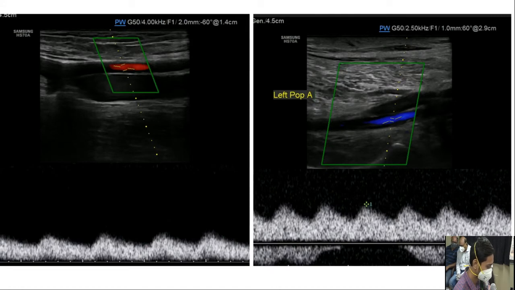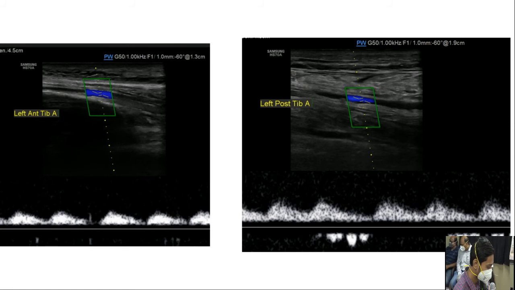Similarly, on the left side, the left superficial femoral artery is showing monophasic flow with reduced velocities, rounding of peak and reduced acceleration time, and similar flow in the left popliteal artery, left anterior tibial artery, and also the left posterior tibial artery. So there is monophasic flow in both lower limbs, starting from the superficial femoral artery. In this situation, we can suspect an occlusion proximally, in the upward direction.